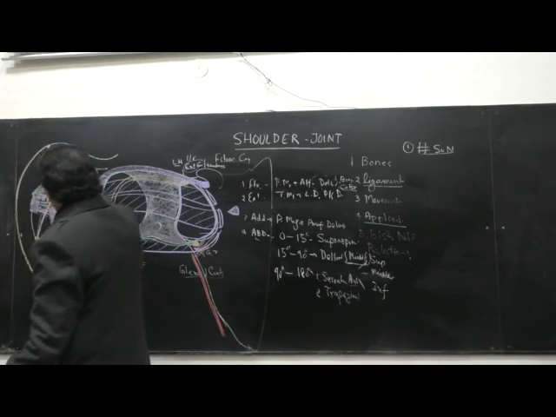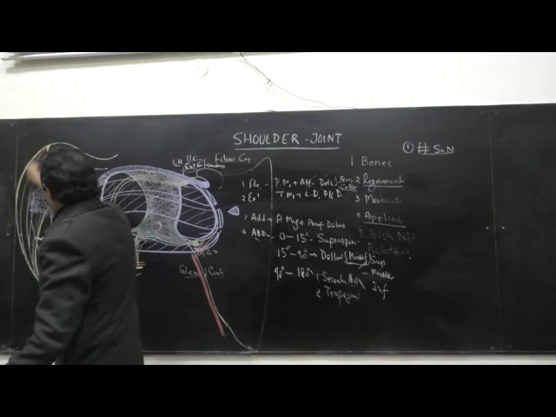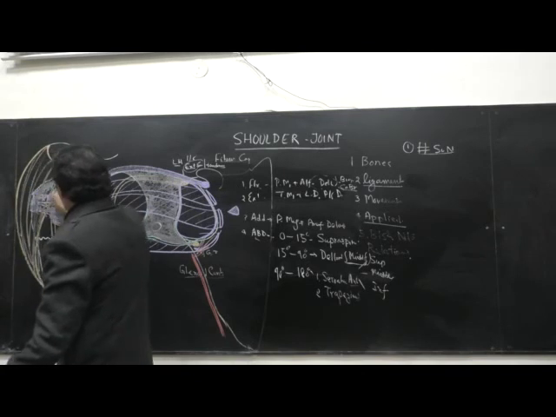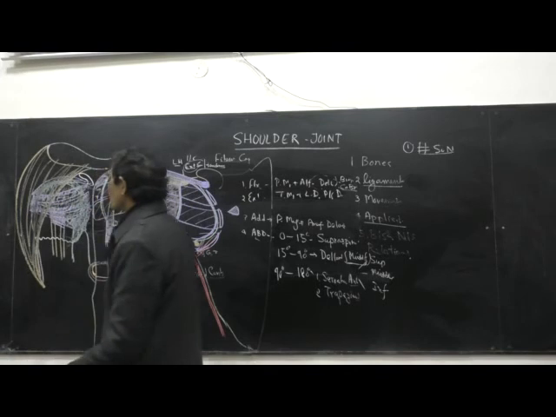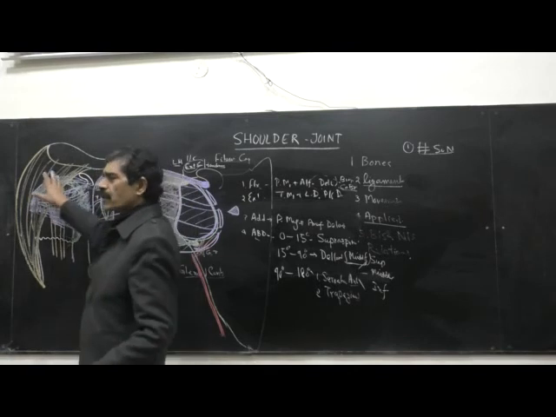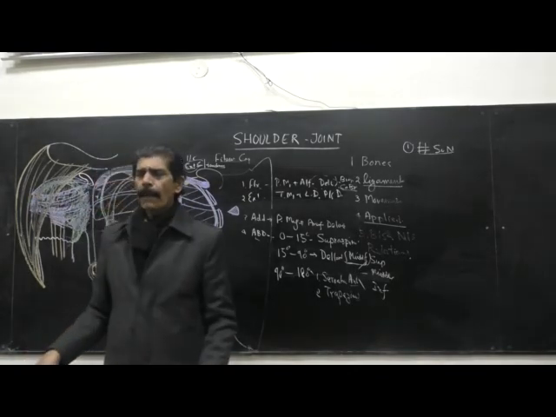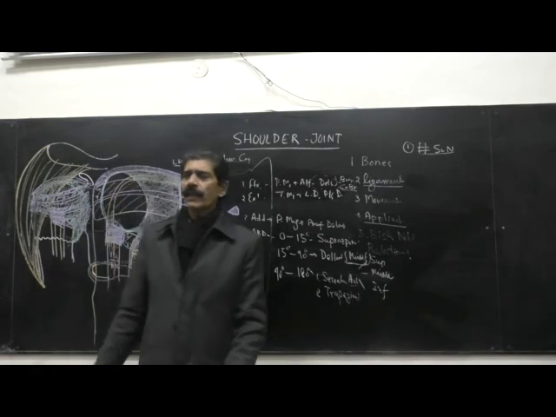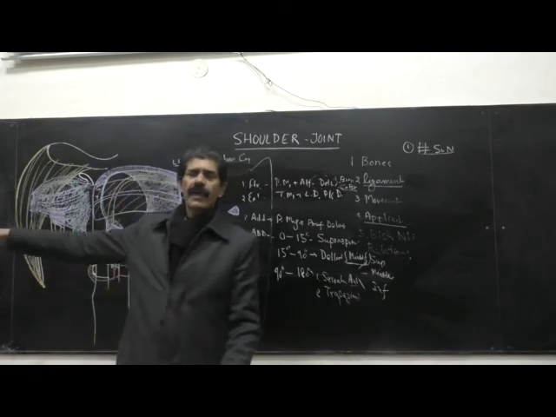So this deltoid muscle is paralyzed because of the injury to the axillary or the circumflex nerve. And paralysis of this deltoid muscle will lead to the inability to abduct from 15 to 90 degrees.